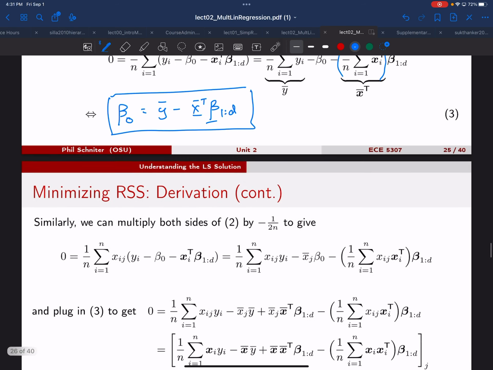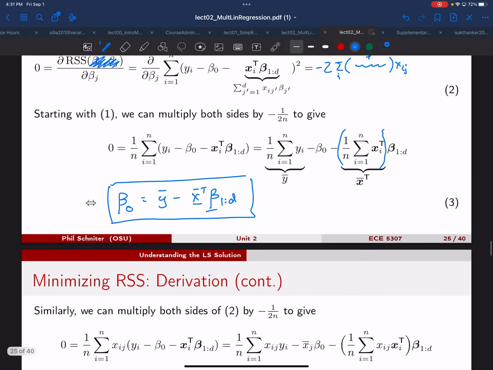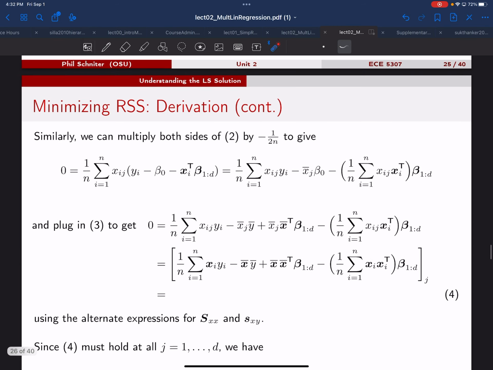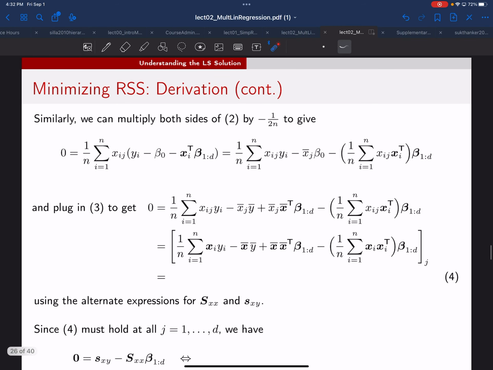All right, so now we're going to start with this equation here. Multiply both sides by 1 over 2n, so that's going to turn this into a 1 over n. And as a result, we will get this. Okay, so as before, we can split this into 3 separate terms.